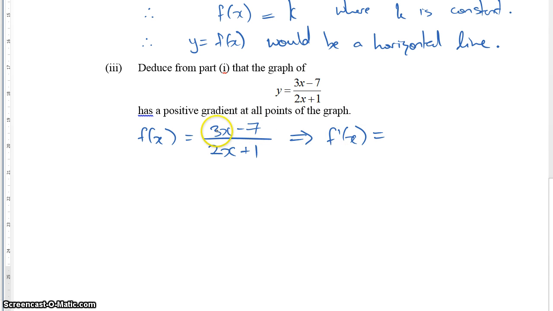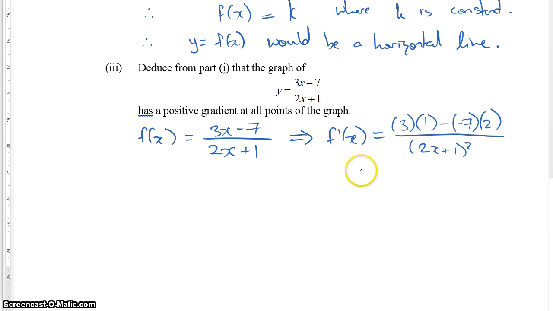Well, it's going to be ad minus bc: 3 times 1 minus negative 7 times 2 over the denominator squared, 2x plus 1 squared. So this is equal to 3 plus 14, so 17 over 2x plus 1 squared.